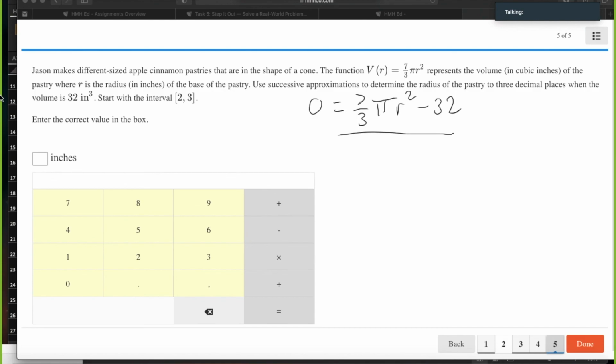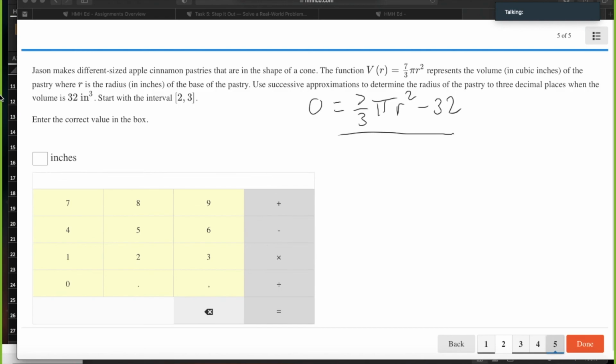So now instead of going to the graph, I'm going to go to the table. So if you push second graph, that will get you to the table. So now every time you enter a value into the x coordinate, it's going to give you a y coordinate.